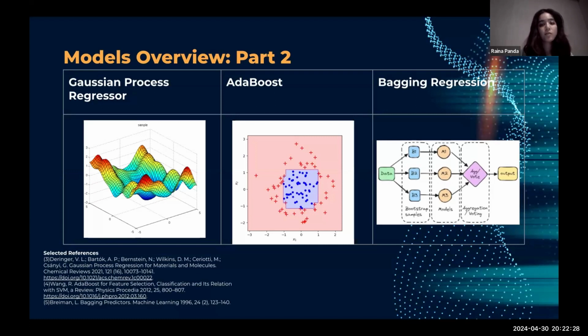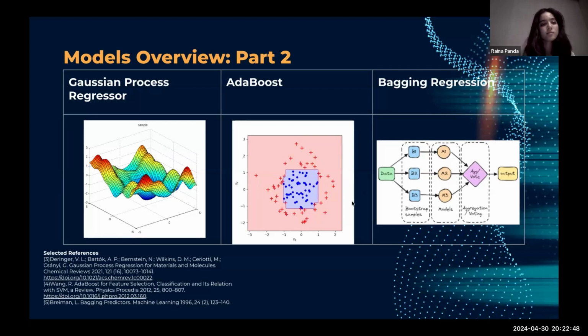And then we have bagging regression. It is also an ensemble learning algorithm, and it also trains on multiple models, and it combines their data. It will use subsets of the data and average the different predictions for each of those models.